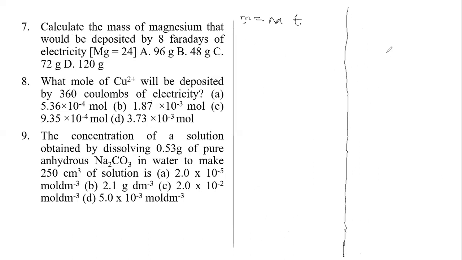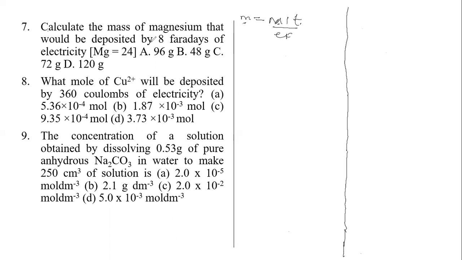Question number 7. Calculate the mass of magnesium that will be deposited by 8 Faradays of electricity. Okay, so now we can recall that M equals MIT over EF. The M on the left is the question. Now, capital letter M is the atomic mass of magnesium, which is 24.